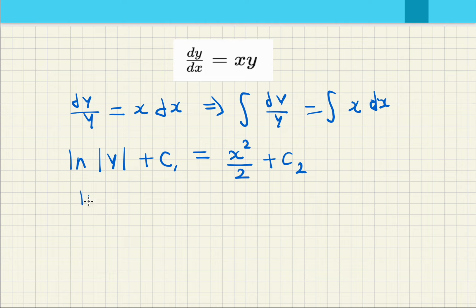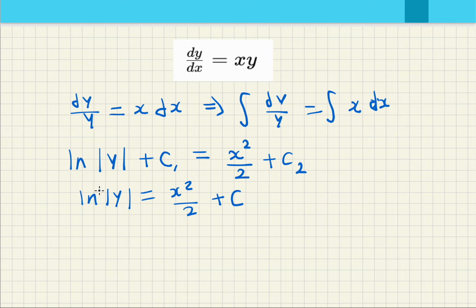So we can say natural log of y equals x squared over 2 plus c. And that could be c3. I'm not going to write c3, it'll just be c. And so now that we have integrated and got rid of dy and dx, we can now just isolate for y.